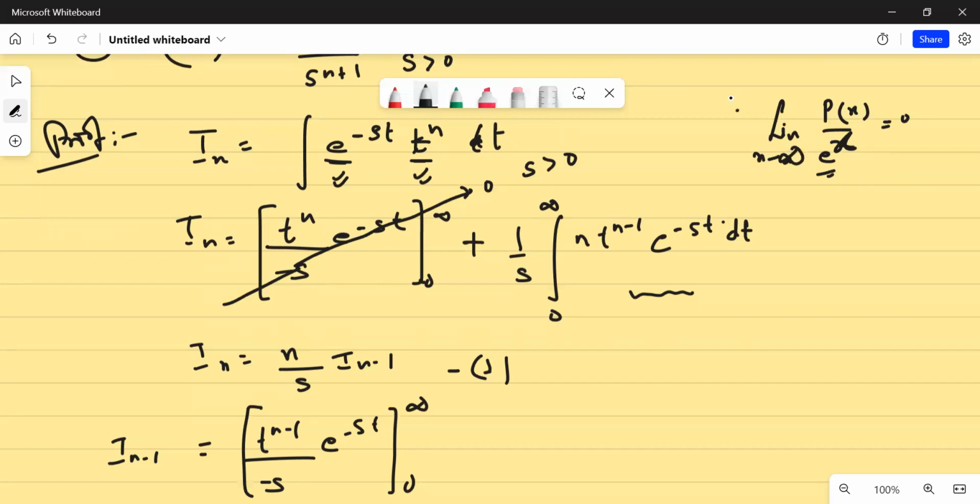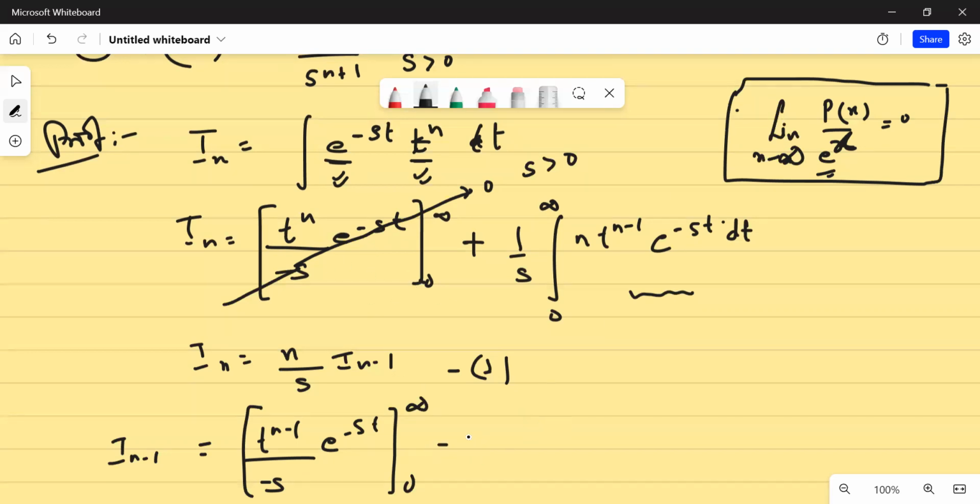You can solve it using L'Hospital's rule: take any polynomial of degree n, differentiate it n times, and you get n factorial upon e to the power x, whose limit is 0. At t equal to 0 this term is 0 as well, so it vanishes.